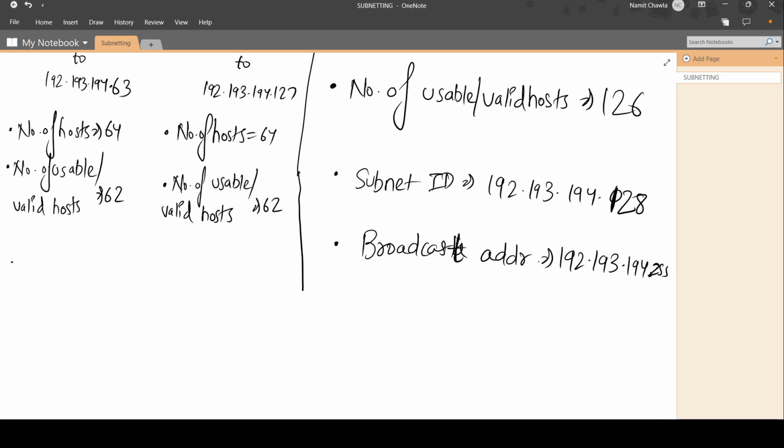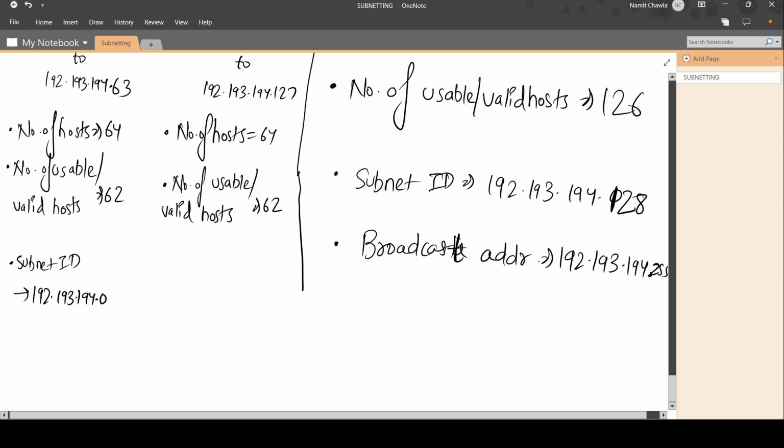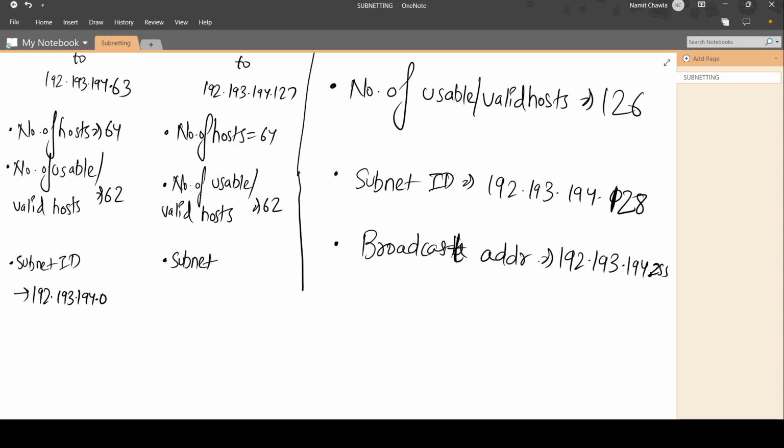Okay. So I'll write what my subnet ID for this one is. The very first address, which is 192.193.194.0. Over here the subnet ID will be the very first address for this subnet, which will be 192.193.194.64.